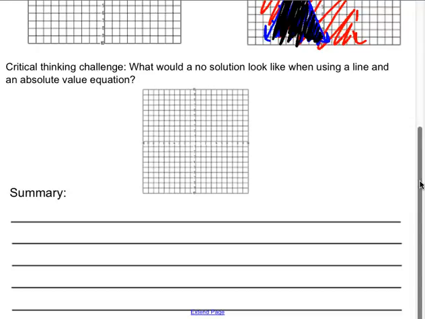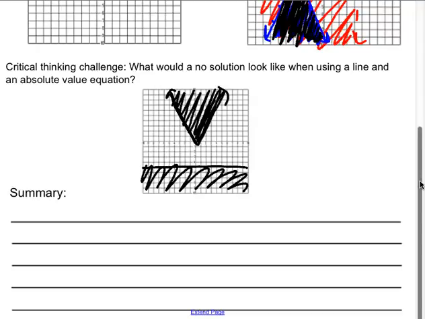Well, absolute values make a V shape, right? So what if I shaded above the absolute value, and then what if my line was down here and I shaded below my line? There'd be absolutely no crossing for those, okay?